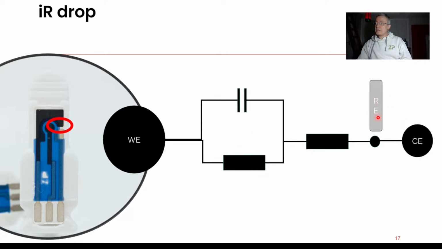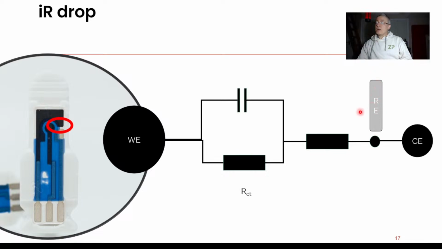We're measuring the potential at that working electrode by having a reference electrode. This is the reference electrode here, this is the working electrode here, and this is the counter electrode here.